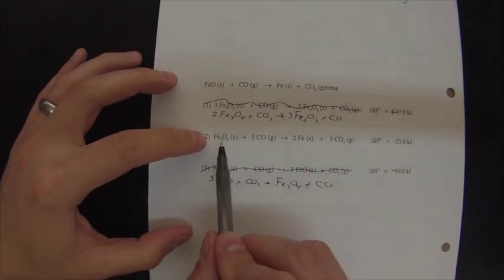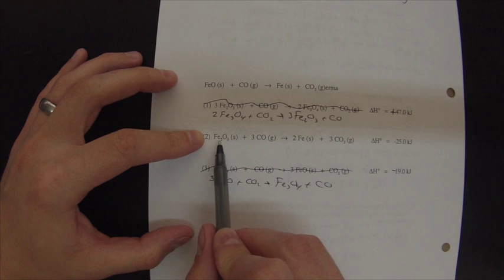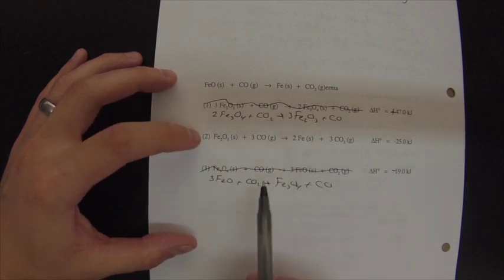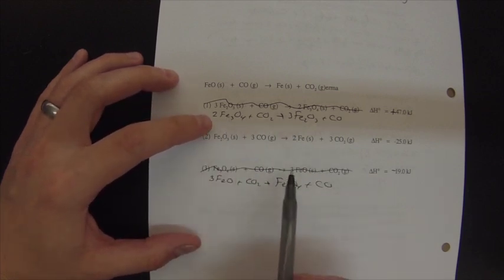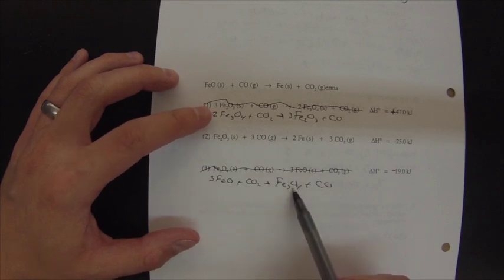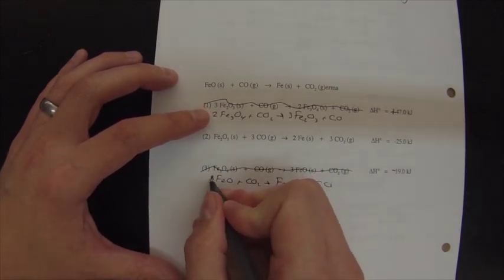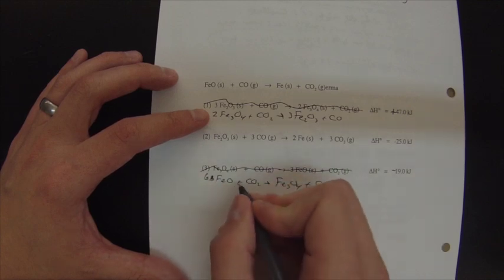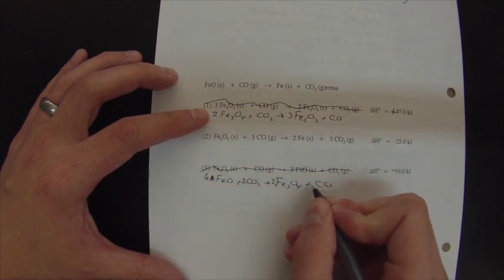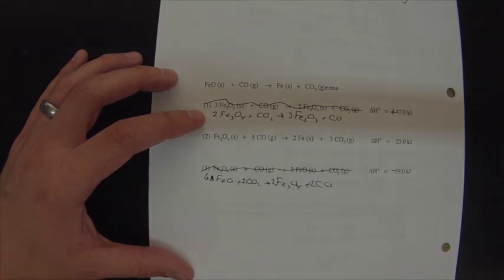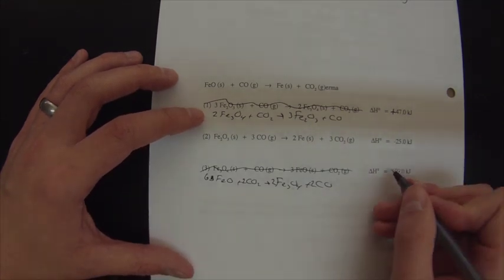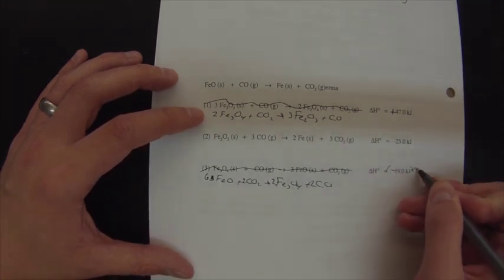So now our last problem here, we have 2 problems left. These need to cancel, and they don't. So we need to double the bottom one. So this becomes a 6, this becomes a 2, this becomes a 2, this becomes a 2. And so now this is times 2.